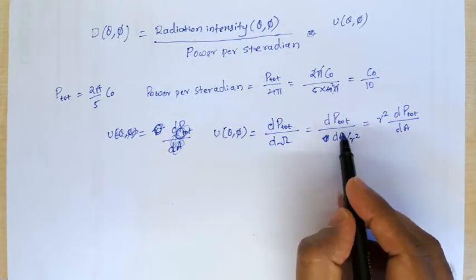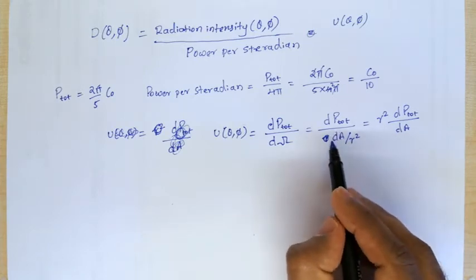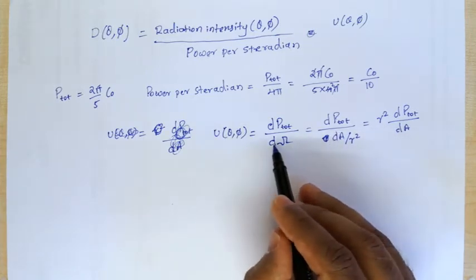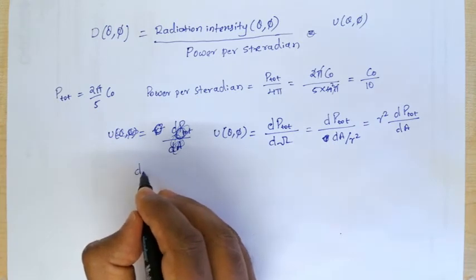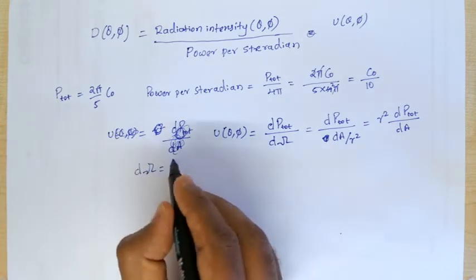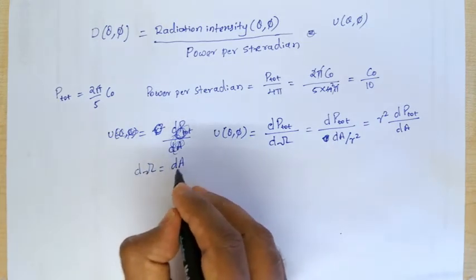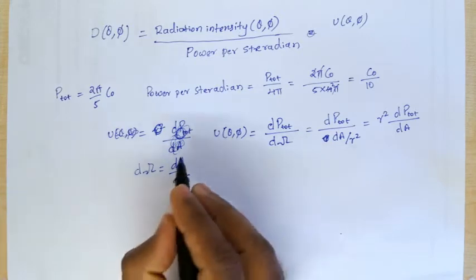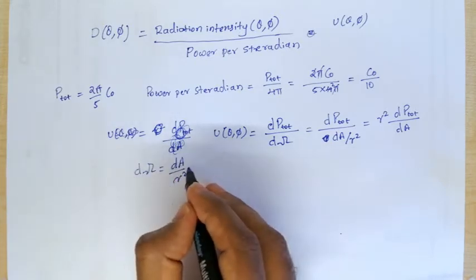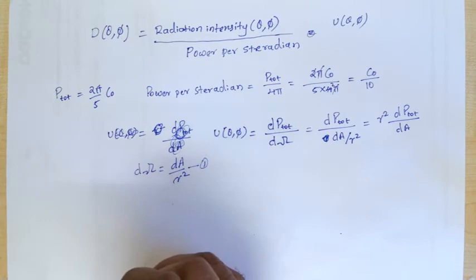This is a relation that you have to remember: the solid angle d omega is equal to the area subtended divided by r square. This is one of the most important things to remember while solving this problem.